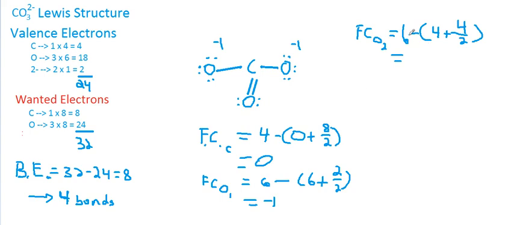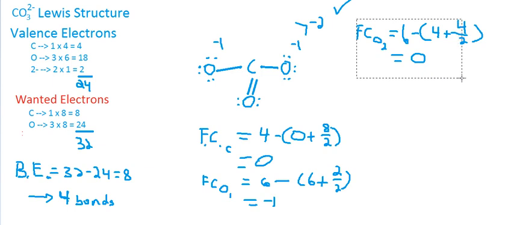So that's going to be 6 minus 6, which is 0. So this has a formal charge of 0. This carbon has a formal charge of 0. What's the overall charge? -2. This is great. We wanted to have a -2 overall charge. That's what's in our polyatomic anion that's given, and we've confirmed that using formal charges.